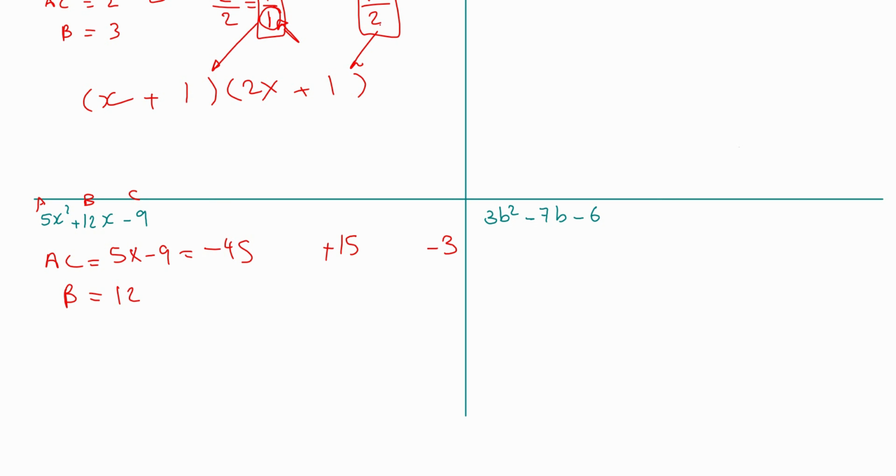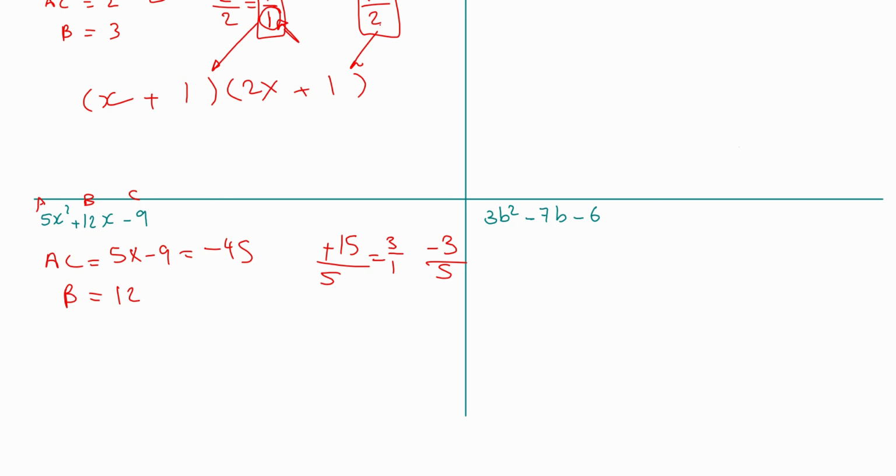If we change the sign, if we said negative 15 and 3, their sum would be negative 12, but here it is positive 12, so it should be positive 15 and negative 3. Then we will divide by the coefficient 5. Here 5 over 5 equals 1, and the other is 3 over 5.